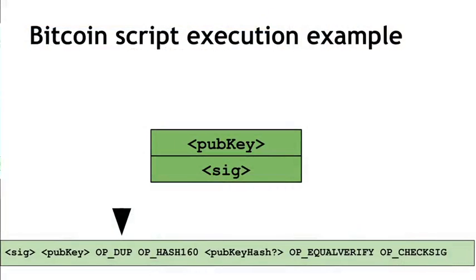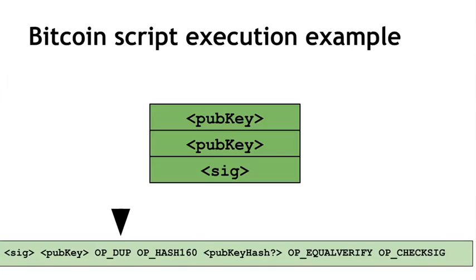So this duplicate instruction, OP_DUP, says simply take the value that's on the top of the stack, pop it off, and then write 2 copies back to the stack. So we're just going to duplicate that public key. The next instruction, hash 160, says take the top value on the stack and compute a cryptographic hash of it. So this top value is going to be converted from the public key into a hash of the public key.